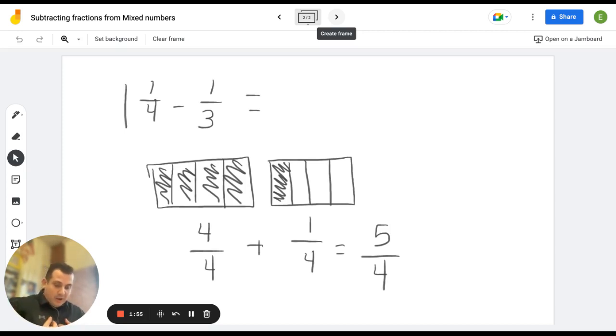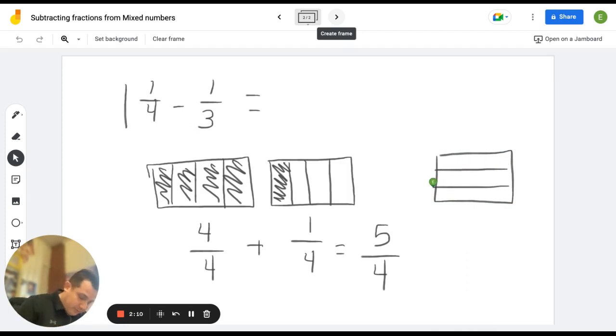But now I'm going to subtract, we have here 1/3. So for me to subtract 1/3, if I was modeling it, I'm going to go horizontally now, and I shade in 1/3.